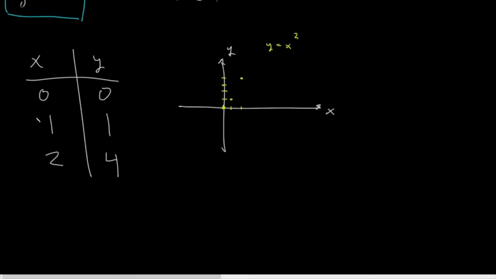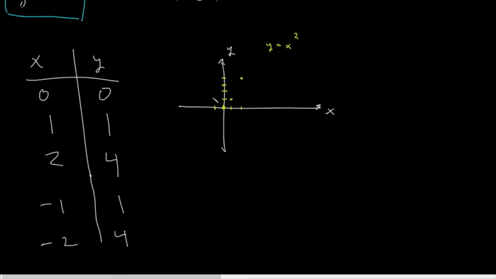And also, let me go ahead and pick x equals -1 and x equals -2 because I want to see also what it looks like to the left. The function is y equals x squared, so I'm just squaring these values. y equals -1 squared becomes positive 1, and y equals -2 squared becomes positive 4. So I will plot this ordered pair -1, 1.